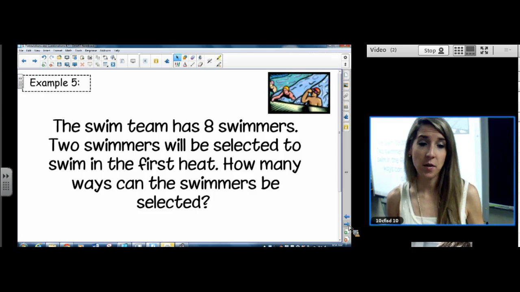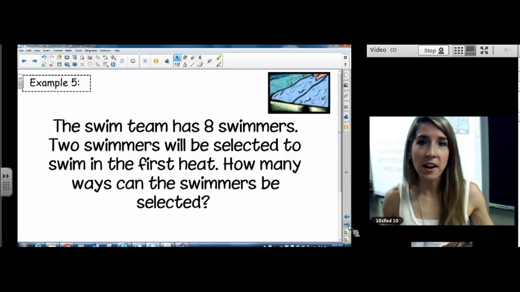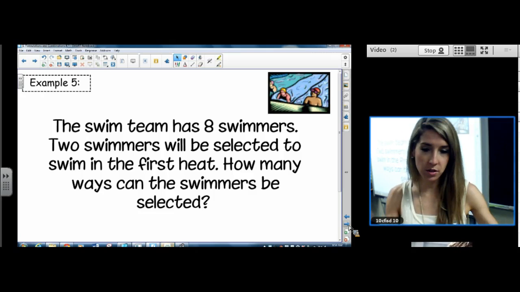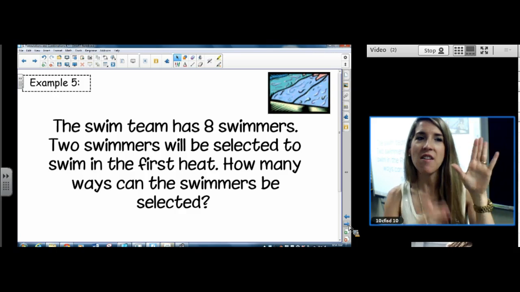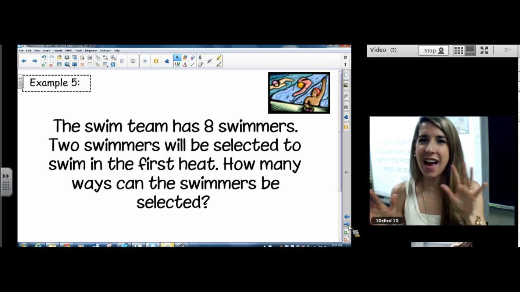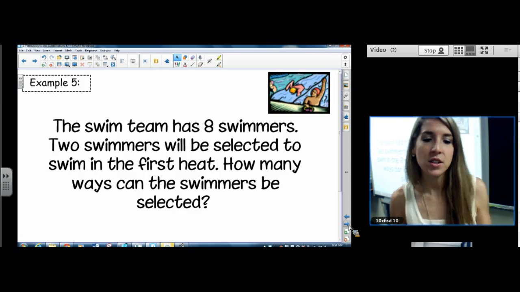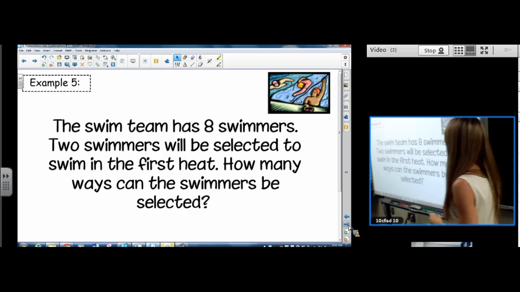Is that any different from me saying, Chloe, Johan, you 2 are swimming in the first heat? Does it matter whose name I call first? It doesn't matter because those are the ones chosen to swim in the first heat. Now, if they had lane positions, that might be a different story, but the problem didn't mention anything about the lanes mattering. So the order does not matter.